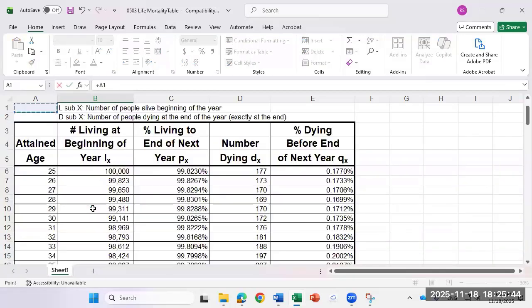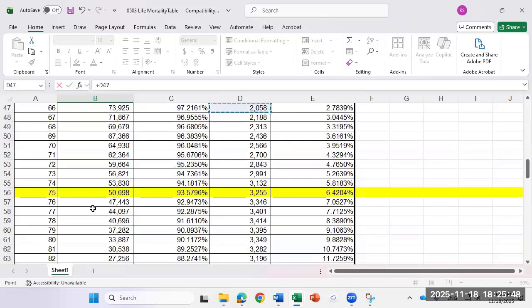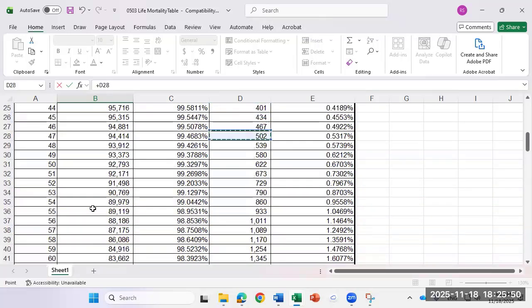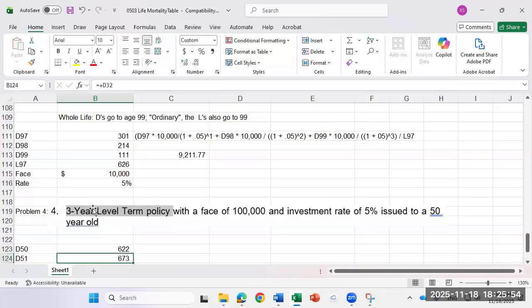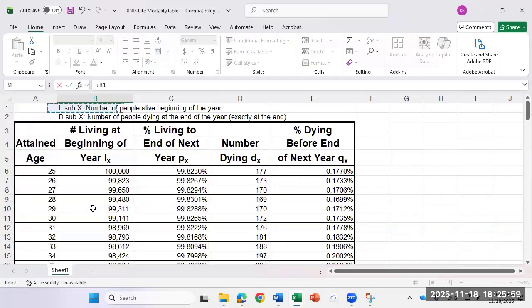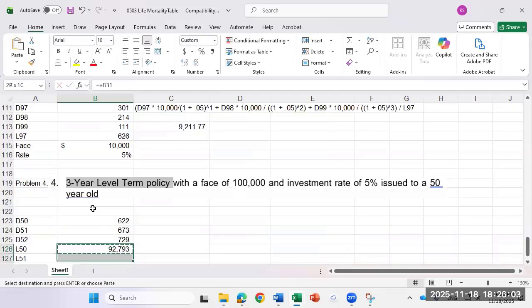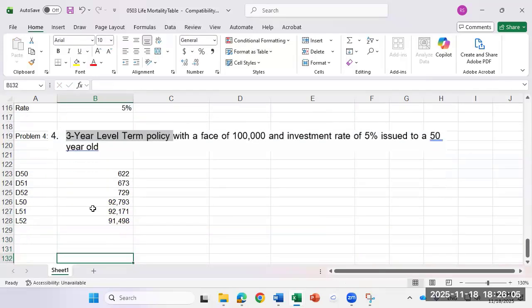So we need our D50s. D's are in column D. That worked out really well. So D50s: 622, 673, 729, and then our L50, it's in column B. There's our L50, L51, L52.